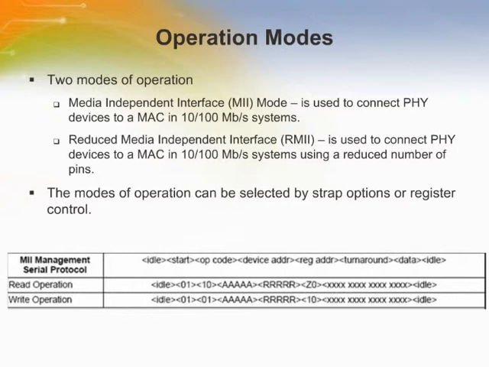These modes of operation can be selected by strap options or a control register. In each of these modes, the IEEE 802.3 serial management interface is operational for device configuration and status. The table shows the management data input-output frame format.